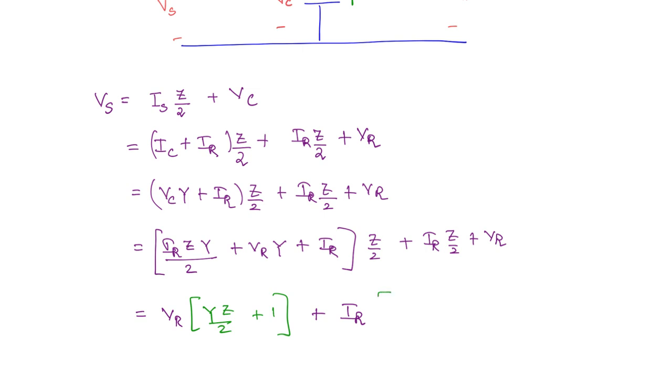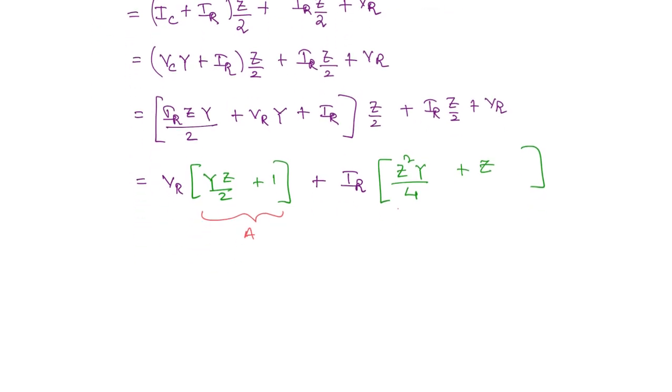So this is going to be Z square Y by 4 plus Z by 2 plus Z by 2. This you can write as Z, right? So here you are going to get plus Z. Now what is this term? This is going to be A and this is B. So we found A and B.